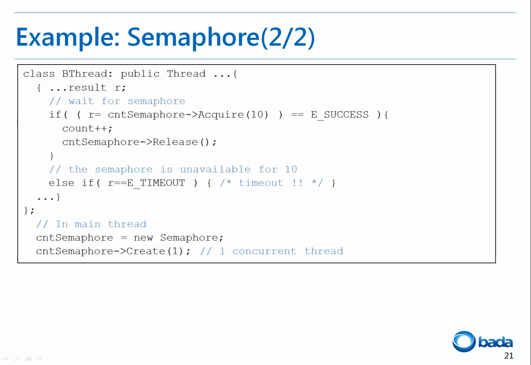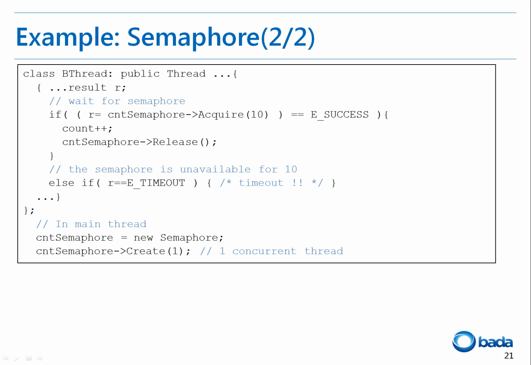Thread B is implemented differently from the one in the previous sample code. The parameter 10 that is specified when the Acquire function is called indicates that the function should return if the semaphore cannot be acquired within 10 milliseconds. The function returns a value corresponding to success or not successful.